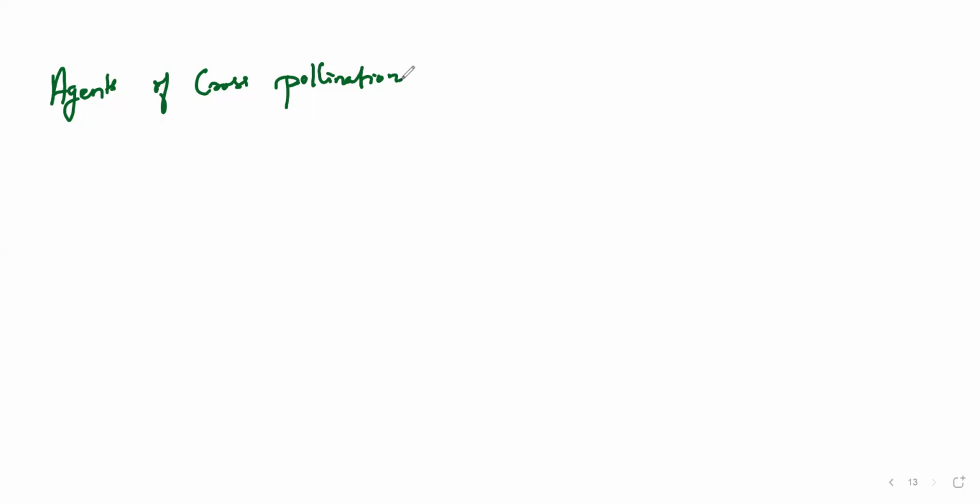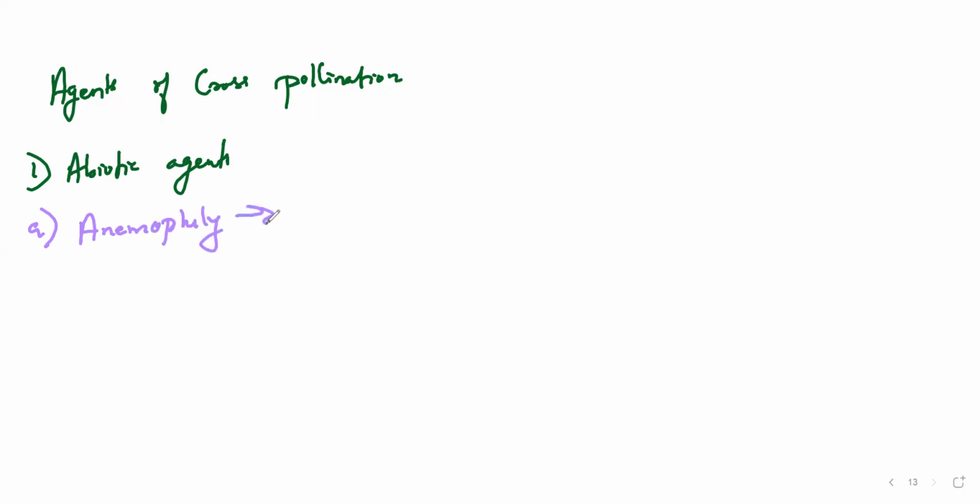So let's see the first one, abiotic agents. In this, the first one which you have is anemophily. So what is anemophily? Anemophily means when pollination takes place by wind.